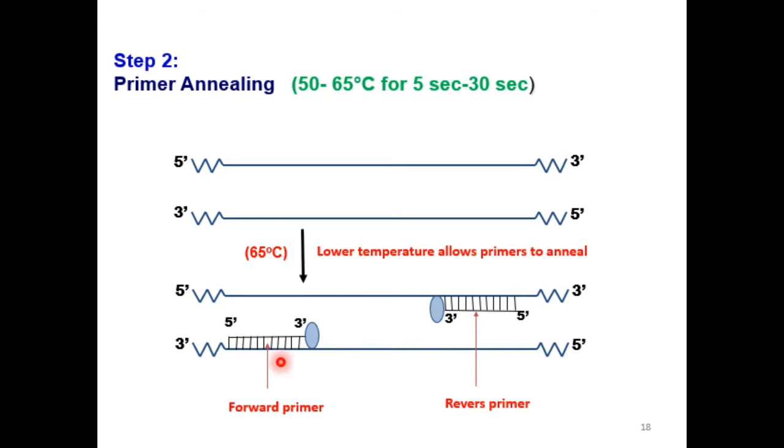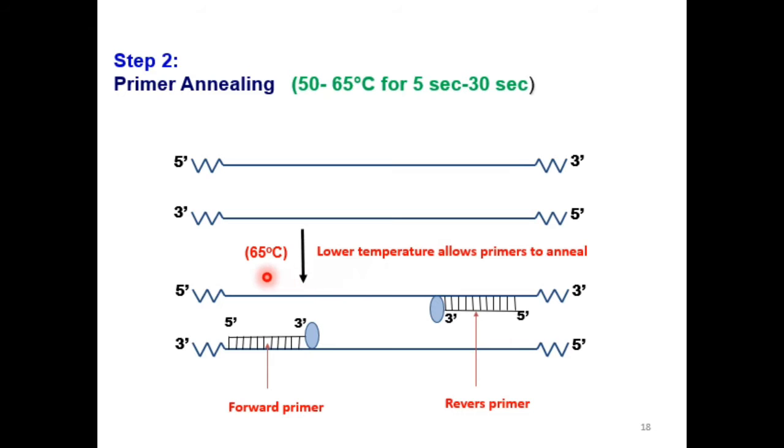Of course, those strands should be complementary to the primer. That's to say, the A will stick to T and the C will stick to G, for example. And those primers are around 20 to 25 base pairs in length. Okay, how do we do the annealing? By lowering the temperature. Just now in the denaturation, it was 95 degrees.